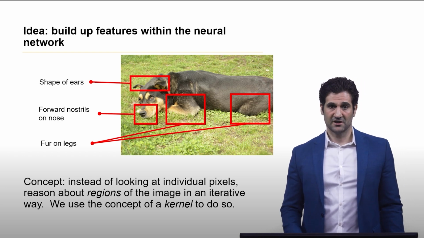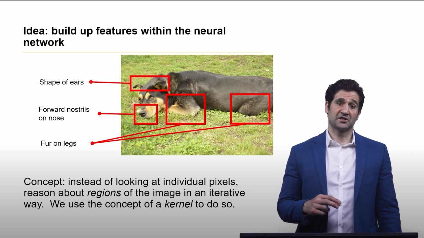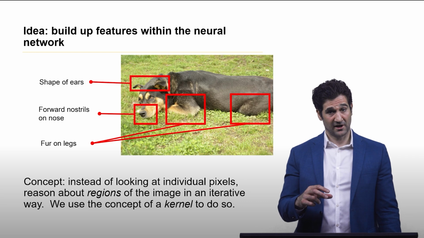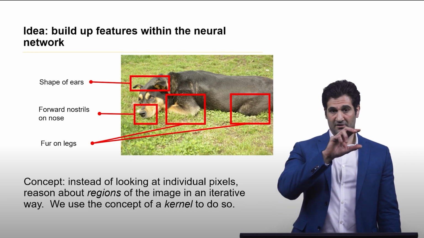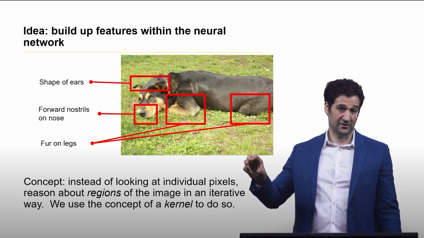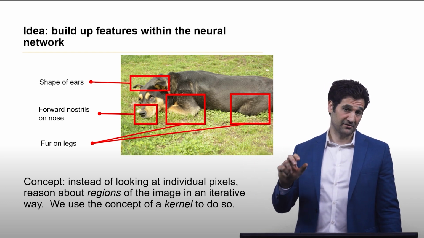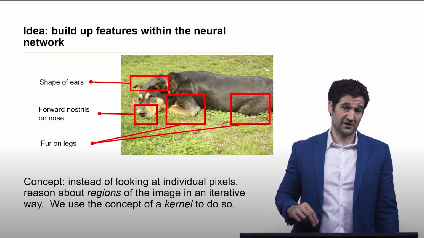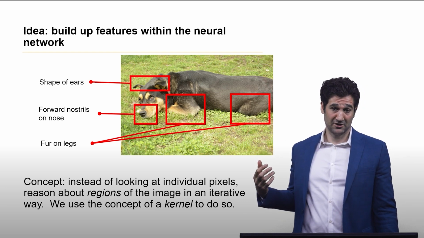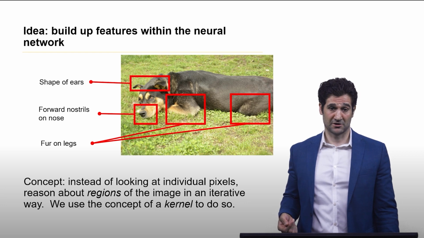The idea is we would want to scan through the image with some kind of sliding window. Just think of it as going iteratively through the image with a sliding window and seeing if we can detect if there are ears or if there's a nose there.